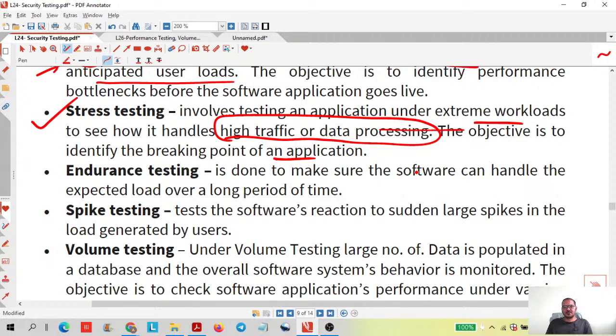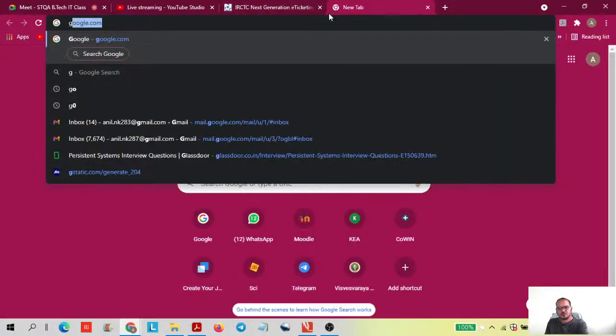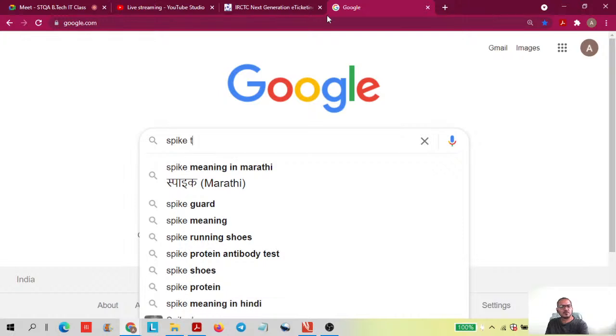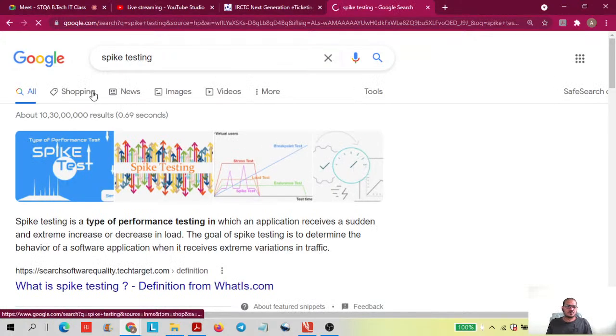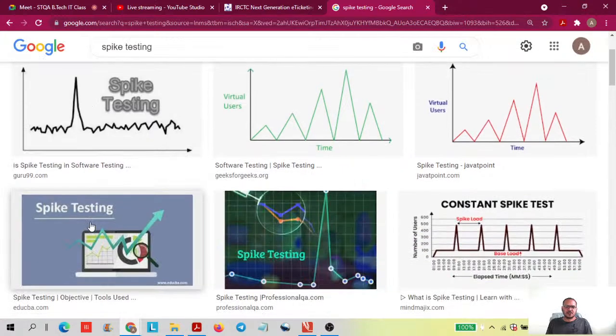Endurance testing, and spike testing. Spike testing tests the software's reaction to a sudden large spike in the load generated by users. You can understand it with this.